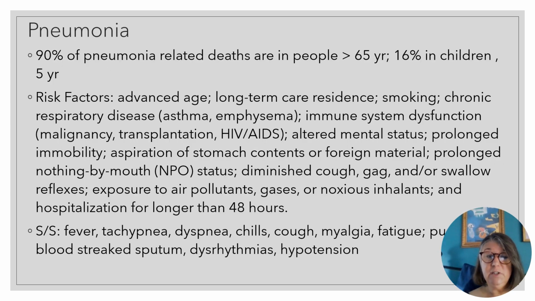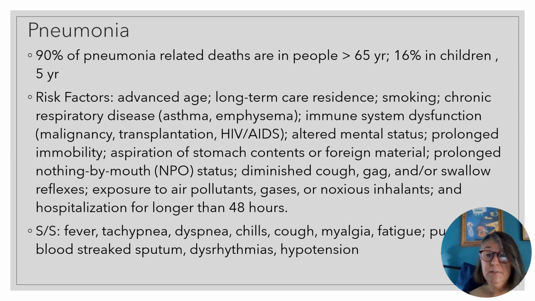This is talking about pneumonia. So 90% of pneumonia related deaths are in people greater than 65 years old. So it really hits our older population hard. 16% in children under 5. All right. Risk factors: advanced age, long-term care residents, smoking, chronic respiratory diseases.